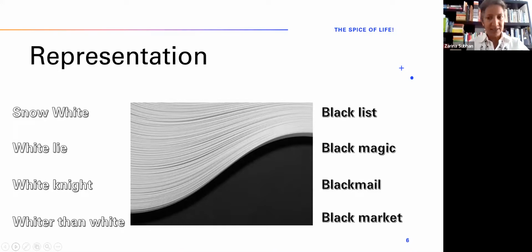Blacklist is banishment. You've done something wrong, you will never be forgiven, or at least for a certain amount of time. Black magic has the impression of evilness. You've got extortion through blackmail, and black market is something illicit.